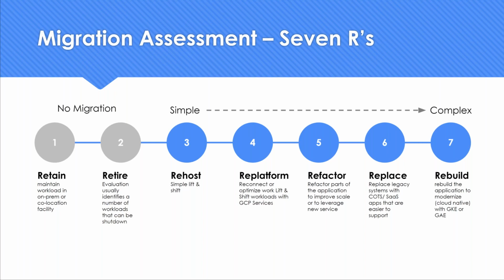A virtual machine, directly do a VM to VM migration. So lift and shift, very minimal change or zero change. That's the simplest migration which you can have. Lift and shift or rehost. You're changing the host. Currently it is on-prem. You change it to GCP. That's the simplest migration which you can do.